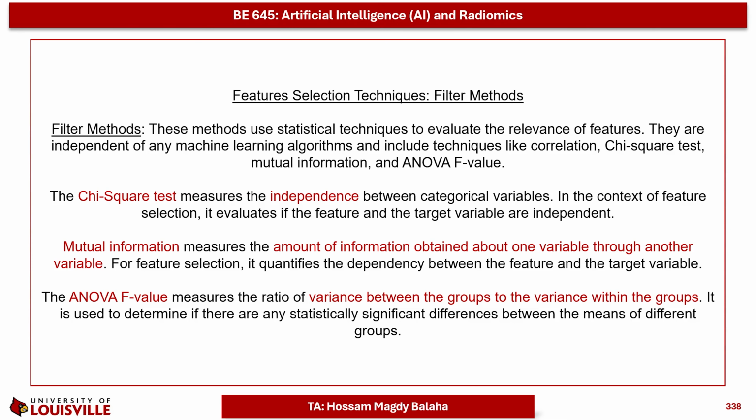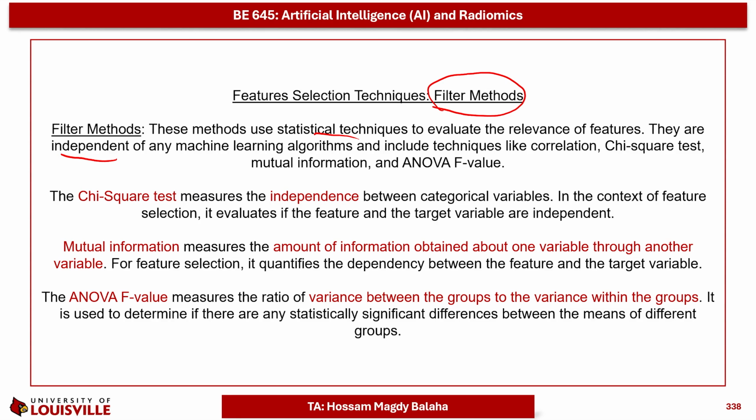So the first type of the feature selection techniques or categories is filter methods. Filter methods use statistical techniques to evaluate the relevance of features, and they are independent of any machine learning algorithm and can include techniques such as correlation, chi-square, mutual information, and ANOVA F-value. And the situation here is simple.